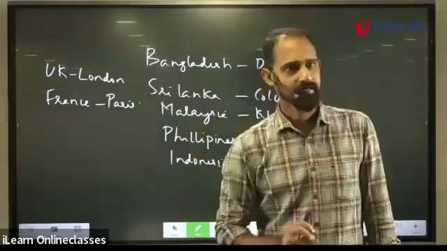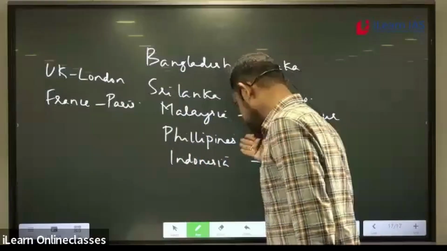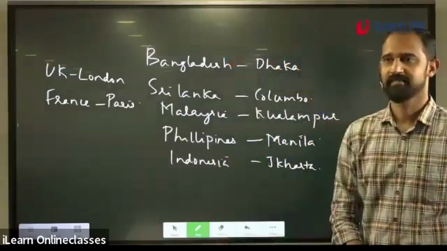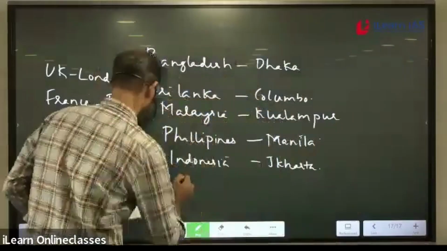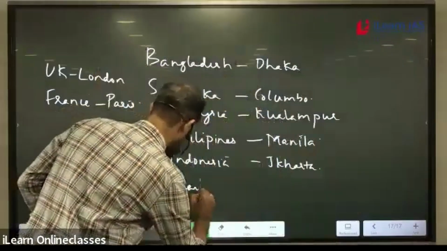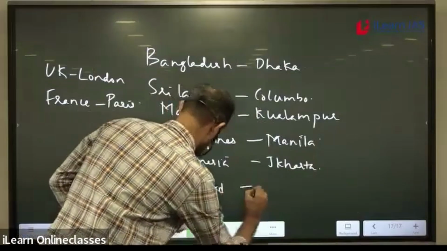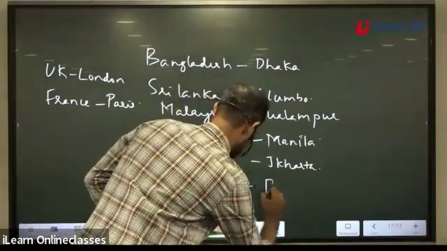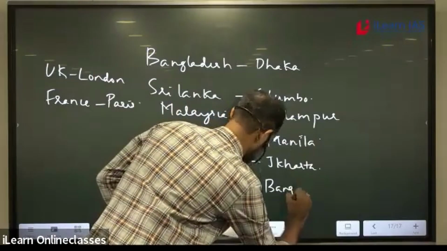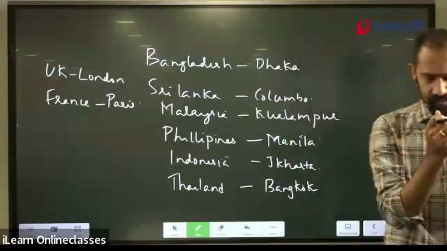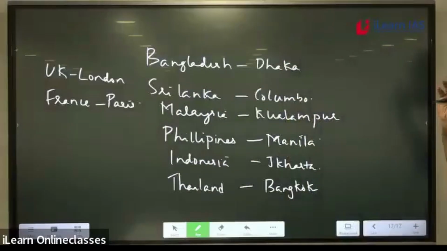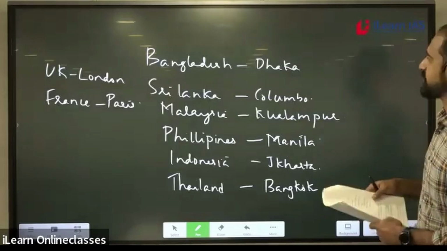Even in non-colonial countries, like Thailand, Bangkok. Okay, so Thailand was never colonized, but still it has got a primate city. So this way you can see in certain medium-sized countries, especially of colonial past, domination of one city.